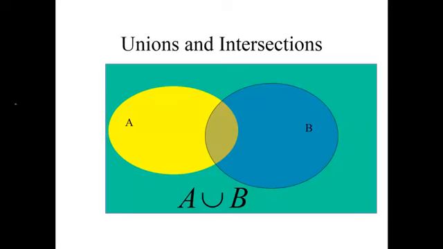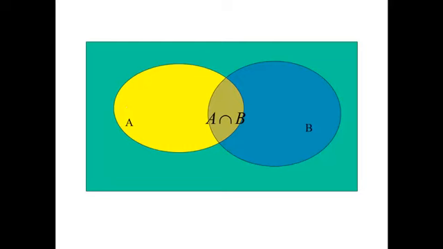If we represent this by Venn diagrams, A union B is my set A glommed together with my set B. And if I take A intersect B, it's the overlap that they have in common between the set A and the set B.